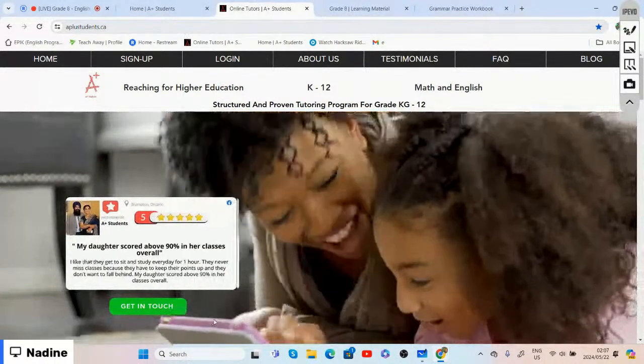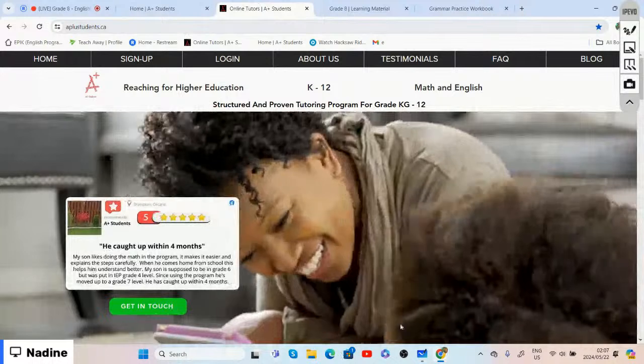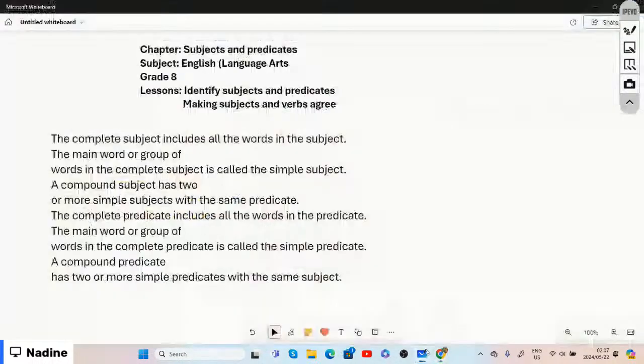So we said that we go to the whiteboard. Our chapter is subject and predicates.